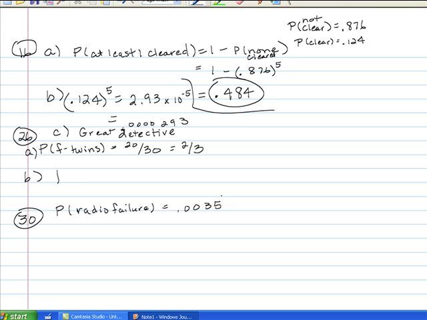Okay, so they're using 2 radios. Probability at least 1 works would be 1 minus the probability that neither one will work. So 1 minus 0.0035, that requires a failure on both of them.